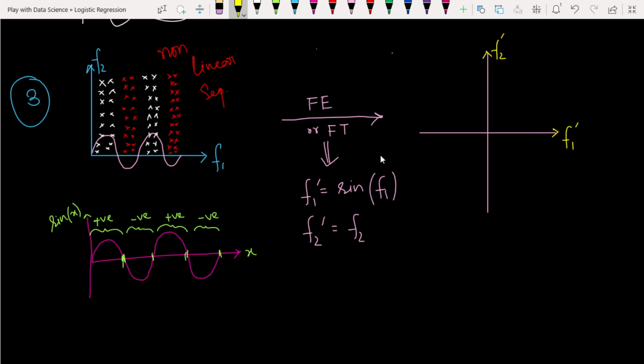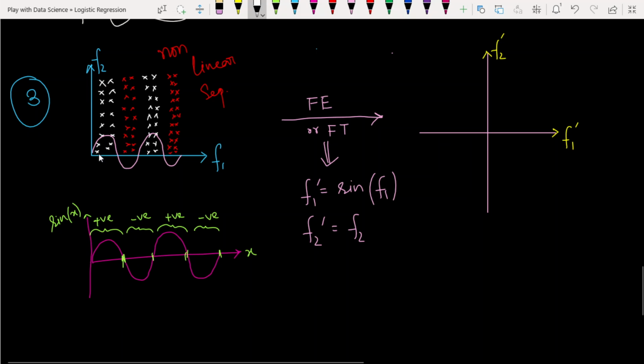Now for f1 dash, f1 dash means sine of f1. Sine of f1 in this portion means positive, and f2 stays as it is.